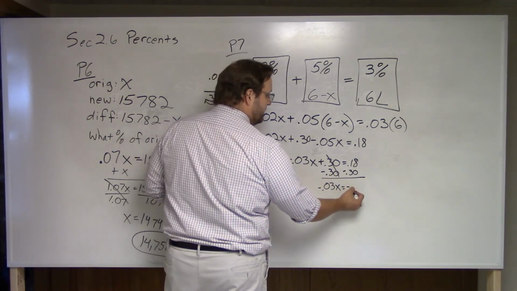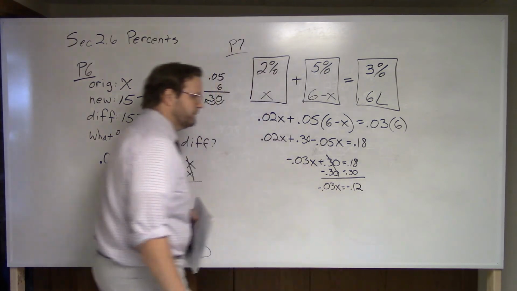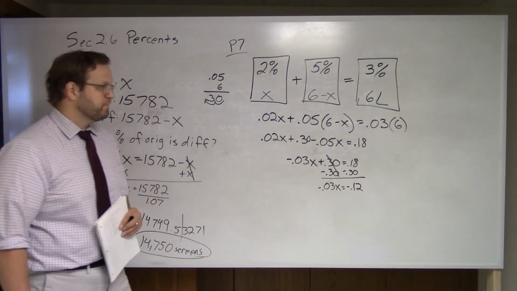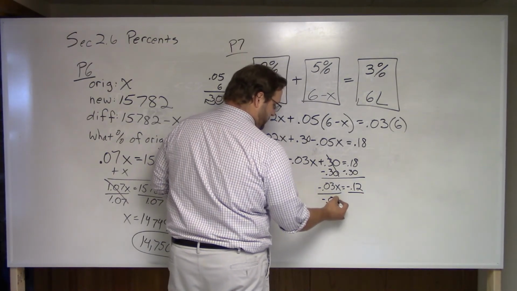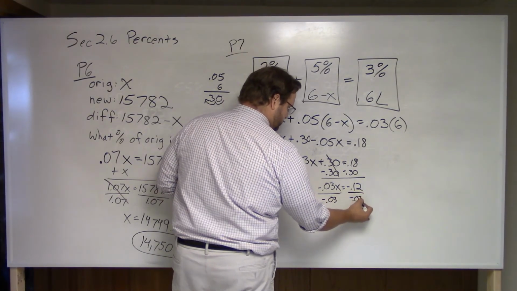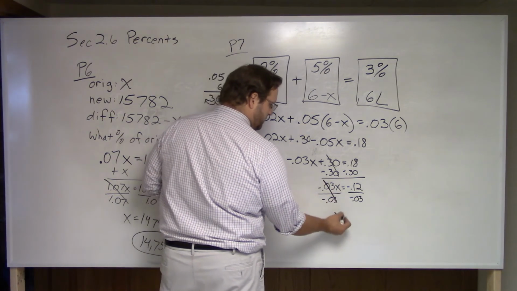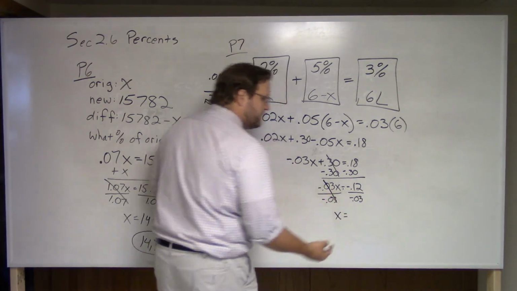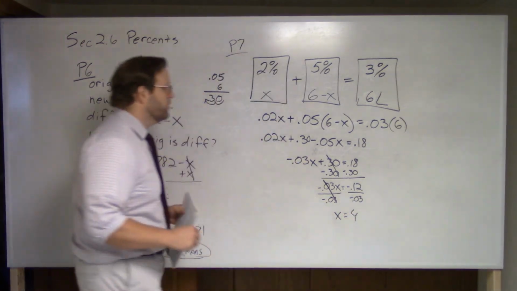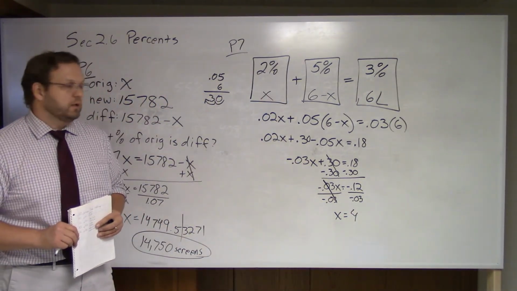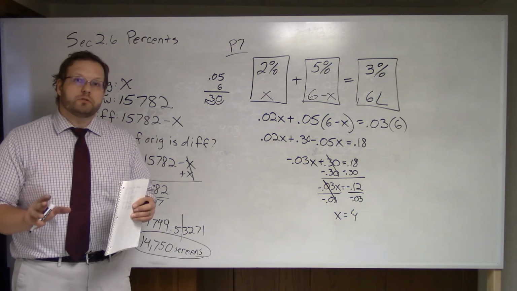I've got a negative 0.12. I divide by negative 0.03. Two negatives make a positive, and then I get 4 as my result.